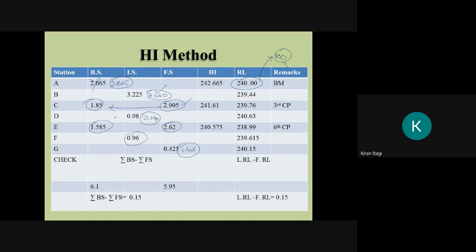The next reading is 1.850. The next reading is 3.100. The next reading is 2.620. The next reading is 1.585. The next reading is 0.960. And the last reading is 1.425.